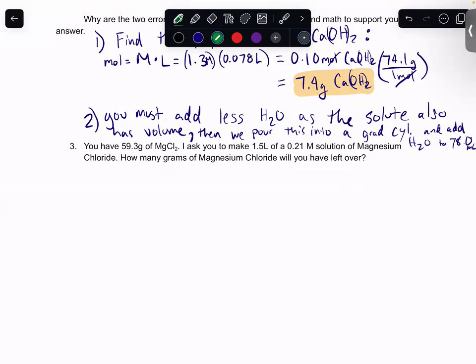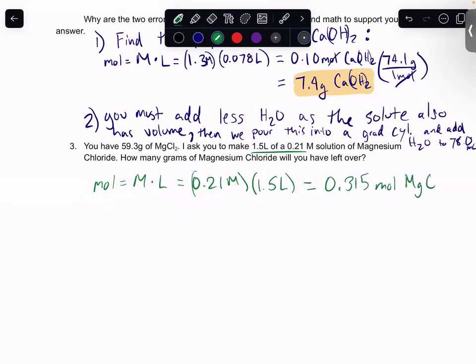So for this, we're going to find out how much we actually need. We'll use our mole is equal to molarity times liters, which is 0.21 molar times 1.5 liters to find that we need 0.315 mole MgCl2.